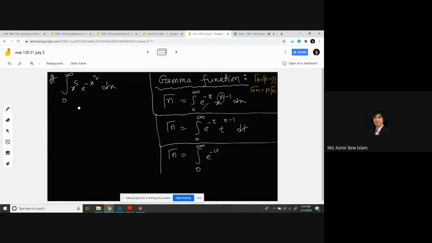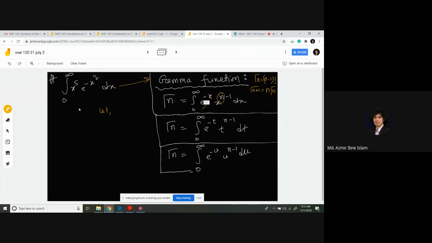So if I use u, it will be u to the power n minus 1 du. Clear? Yes, sir. So for solving the gamma function, we have to take help of the u-substitution method, because in the definition of the gamma function we have e to the power of only one variable x.